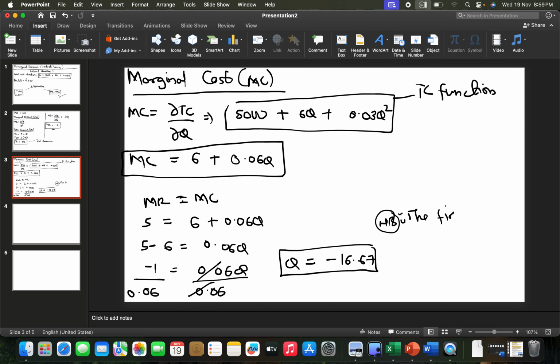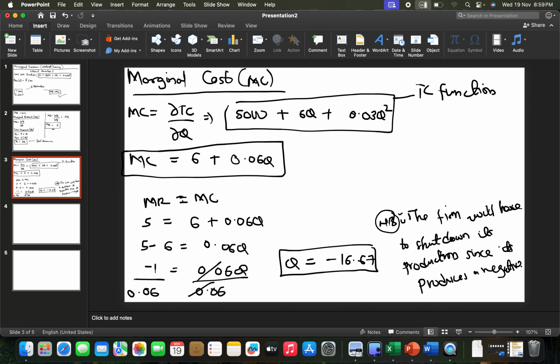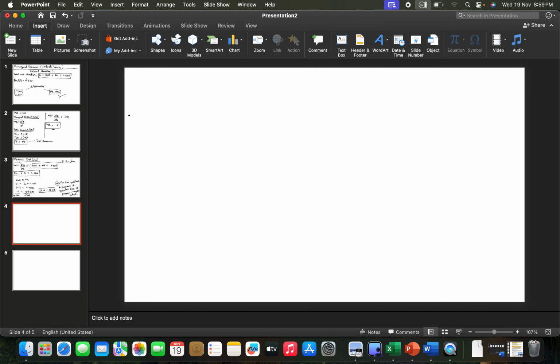The firm will have to shut down its production, since it produces a negative output.